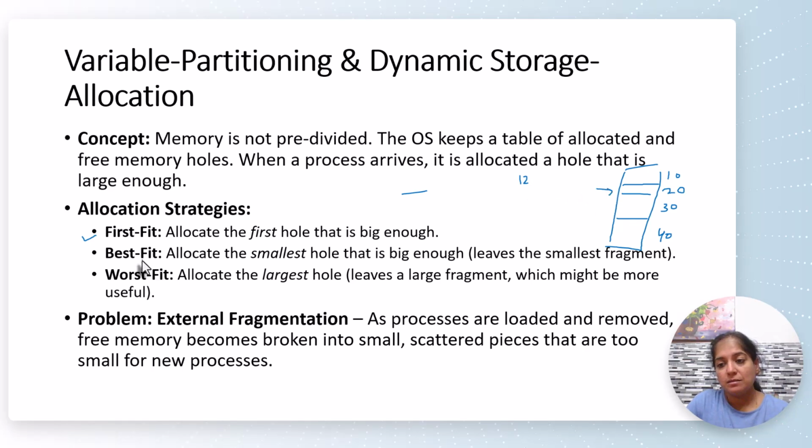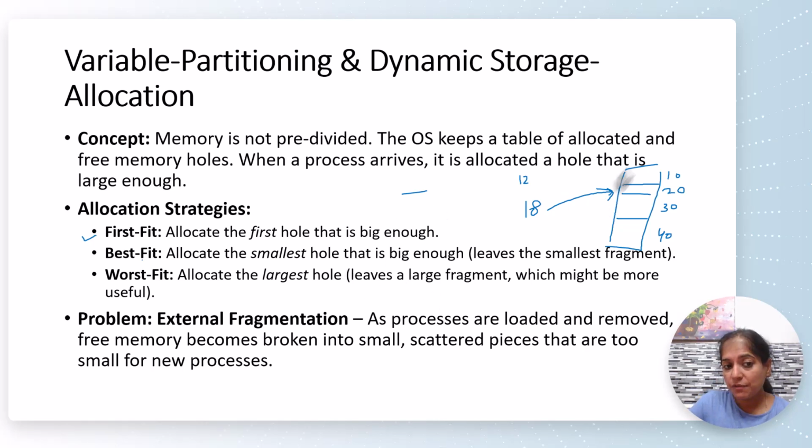Best fit, let's say my process size is 18, so again it will be put into the 20, because this partition can accommodate this process leaving the smallest internal fragmentation.